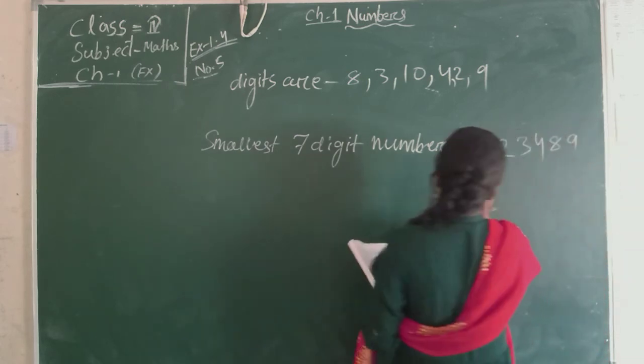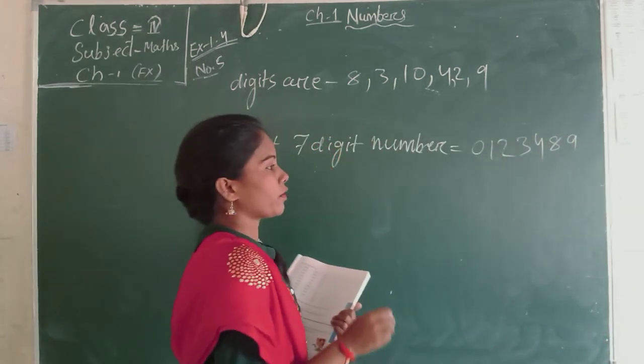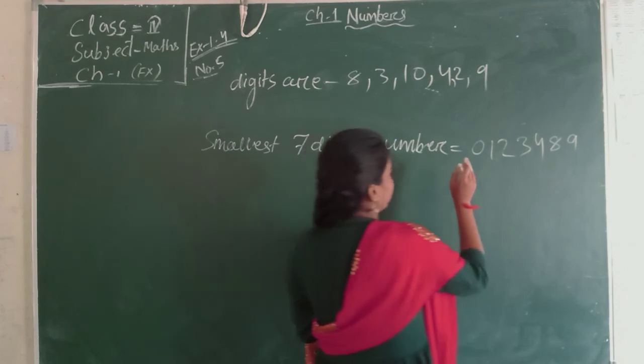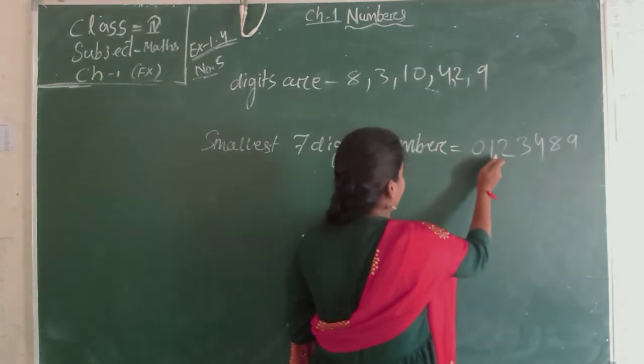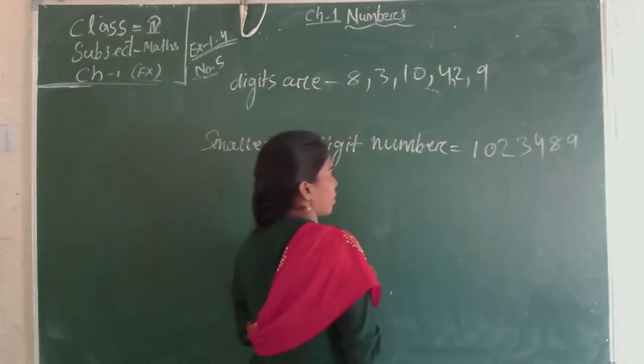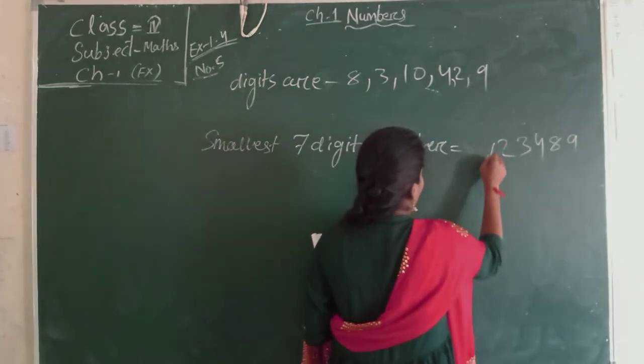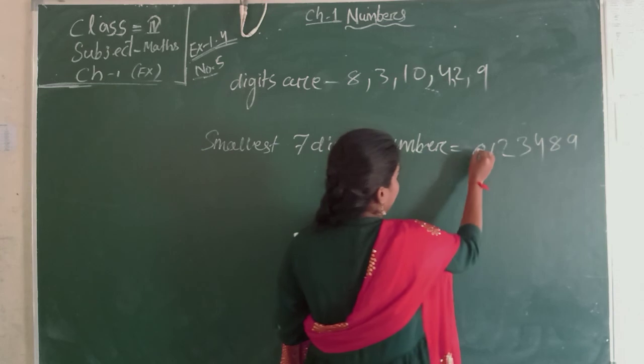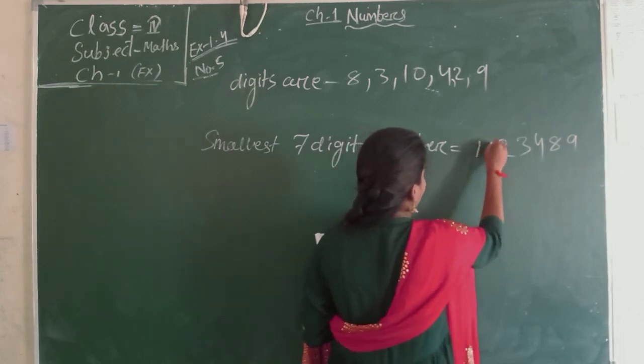But one thing is here, that when you have 0 in your digits, then put the 0 in the second place, then we will get the smallest number. Here we have written 0 and 1. Now exchange them. Here 1 and here 0.